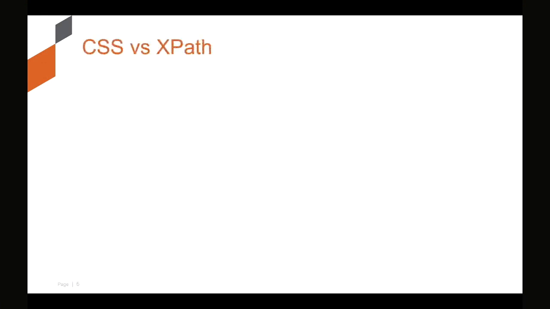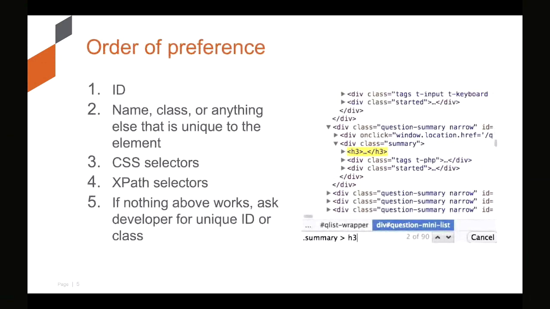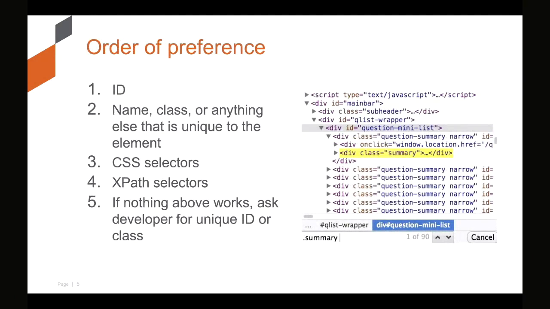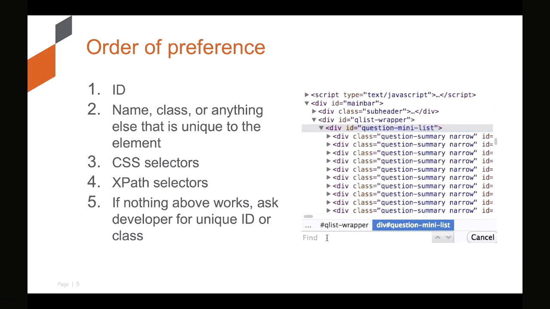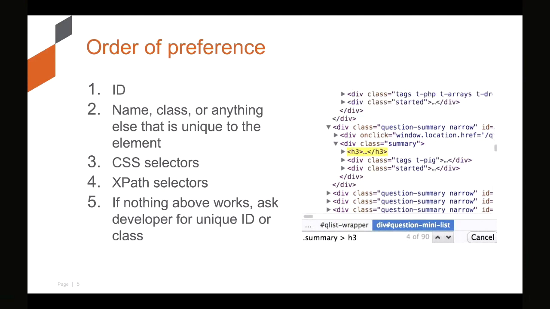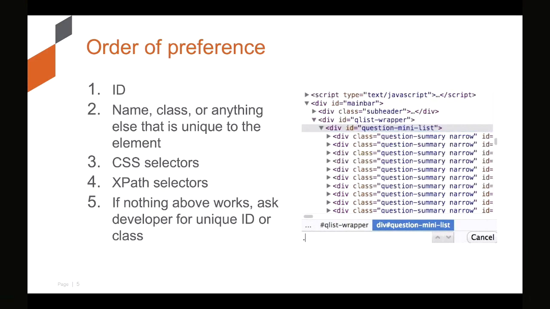Can I add into this order of preference? On the first place, yes, it is ID by definition. It is unique. It should be a single unique ID on the page. So yes, it is very reliable.